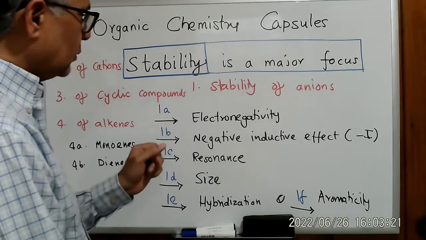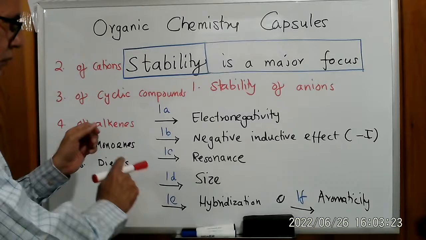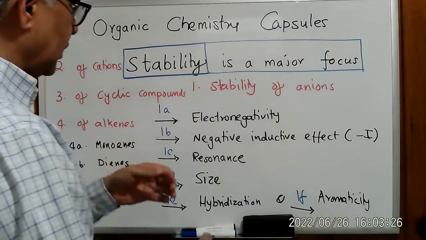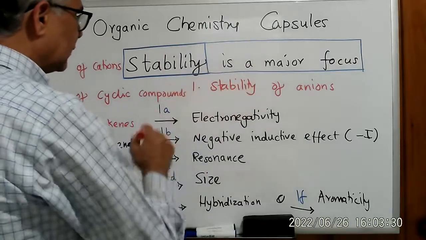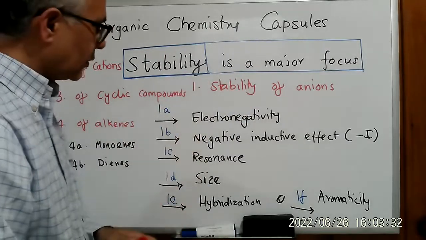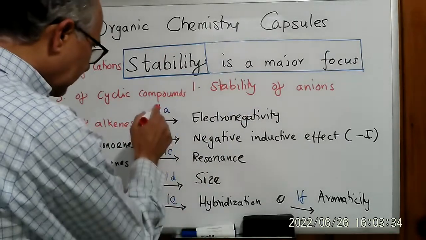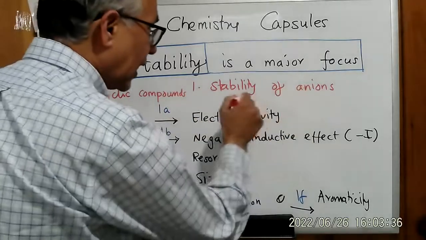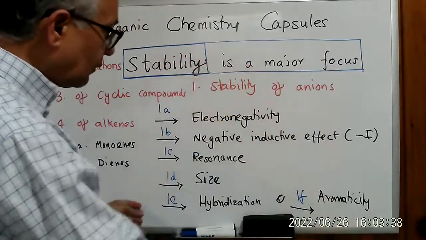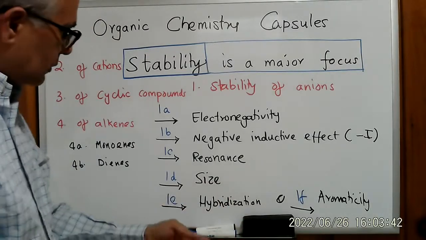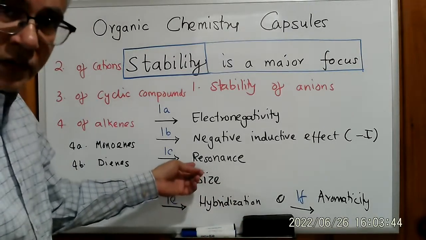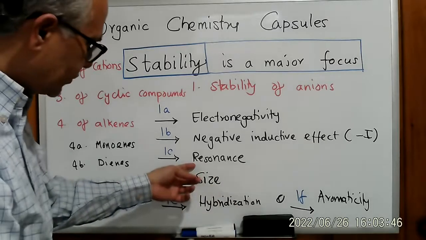Now, since we are moving from electronegativity to stability, I have titled this stability, major focus. We have already seen 1A, 1B under stability of anions. There are other factors that explain the stability of anions. There's something called resonance, which we briefly touched upon in the last video.